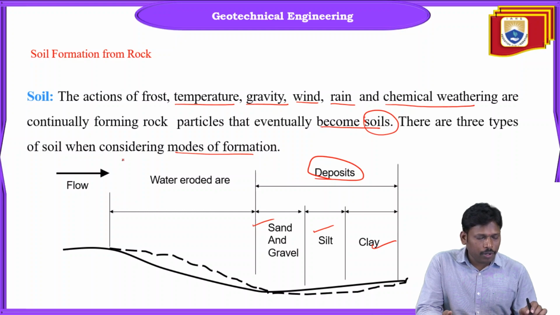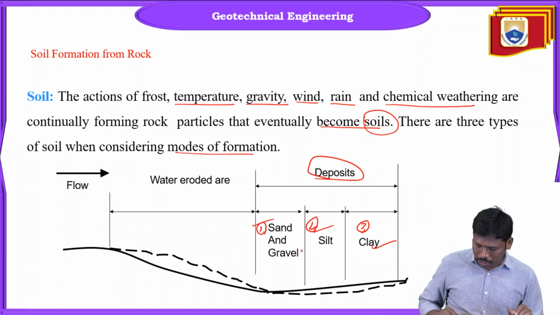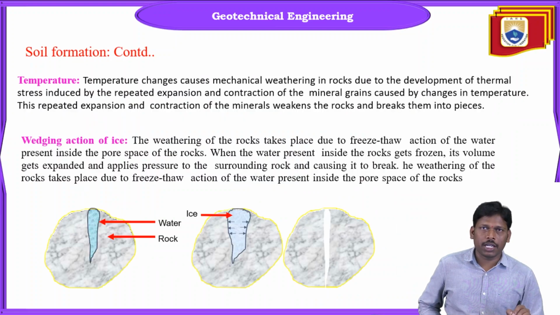Based on this mode of formation, we classify soils into three deposits: sand and gravel, silt, and clay. The exact difference between silt, gravel, sand and clay we'll discuss in the coming slides.